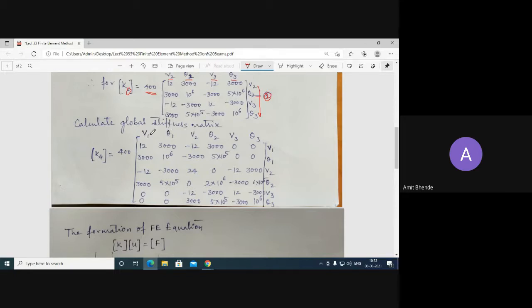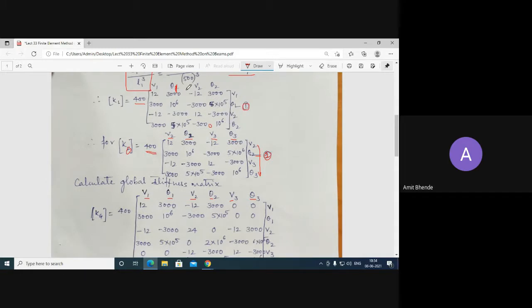So 3 into 2, the size of the stiffness matrix will be 6 by 6. The row numbers and column numbers of this global stiffness matrix will be V1 θ1, V2 θ2, V3 θ3.